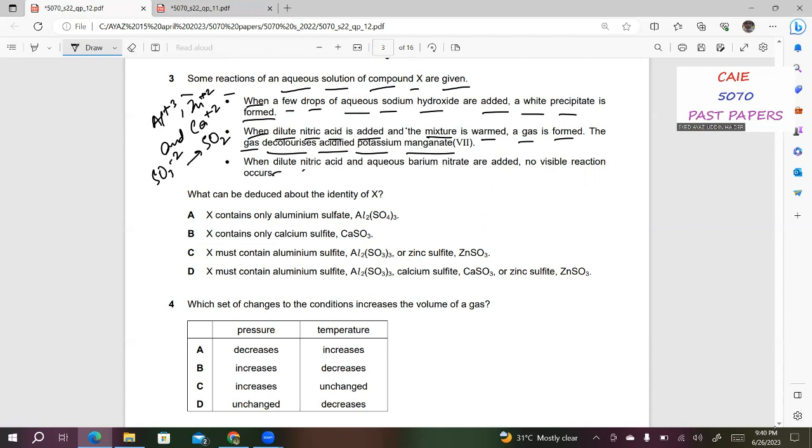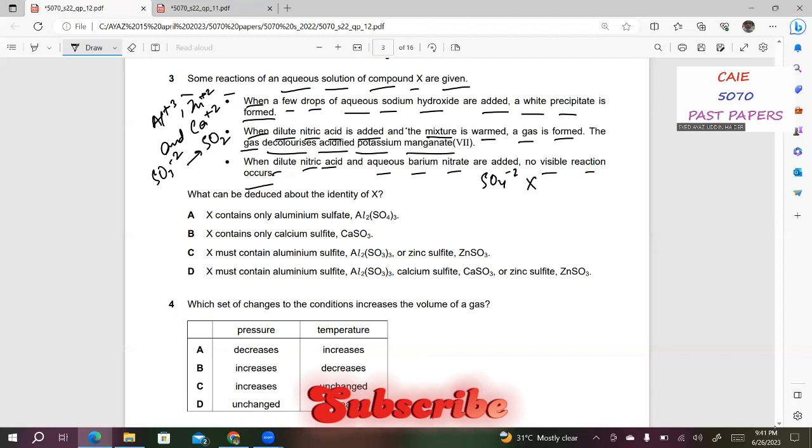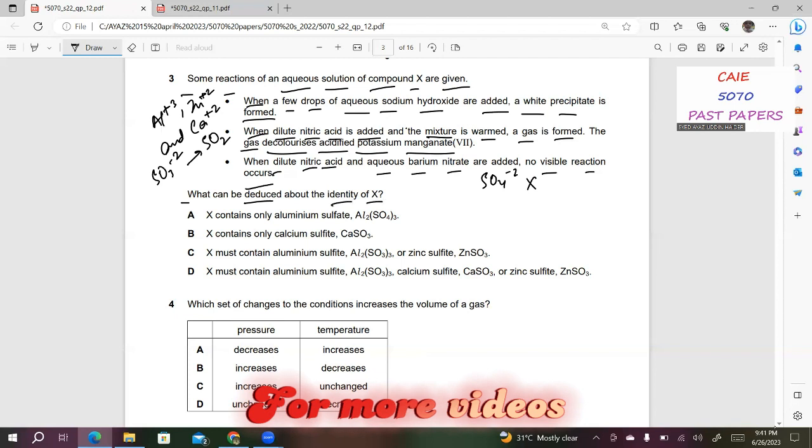When dilute nitric acid and aqueous barium nitrate are added, no visible reaction occurs. This test is for the presence of sulfate ion. So sulfate ion is absent. What can be deduced about the identity of X? A, X contains only aluminum sulfate, Al2(SO4)3.